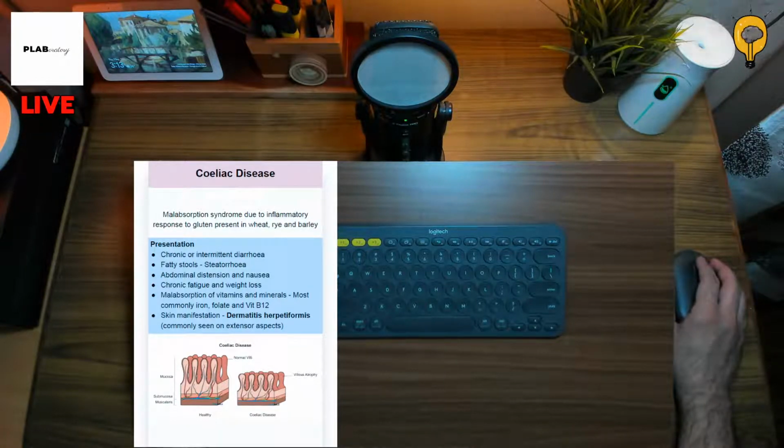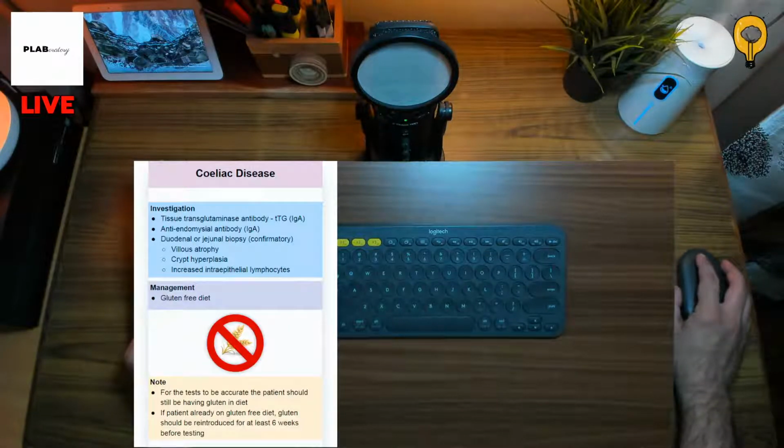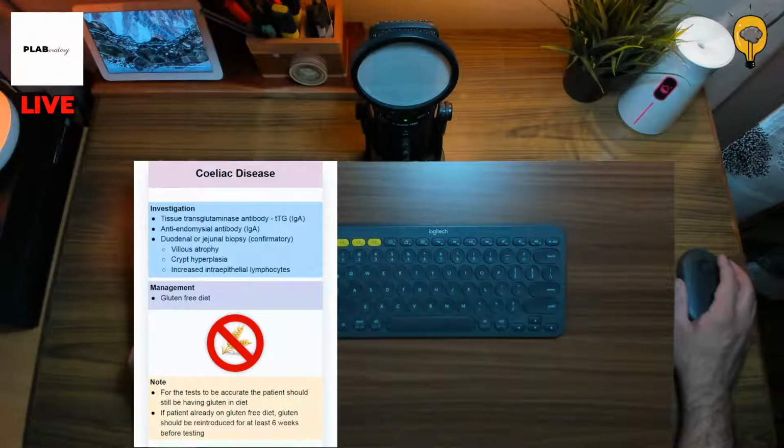Then skin manifestations can be dermatitis herpetiformis, commonly seen on extensor aspects. Then investigation: tissue transglutaminase antibody, anti-endomysial antibody, duodenal or jejunal biopsy. These are confirmatory, which show villus atrophy, crypt hyperplasia, increase in intraepithelial lymphocytes. Management is by gluten-free diet.